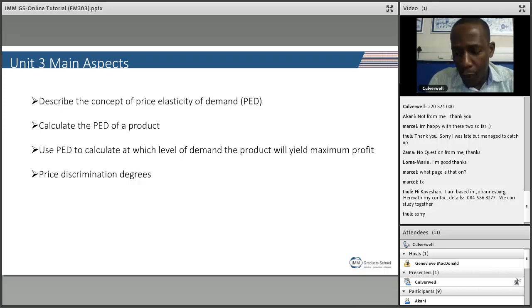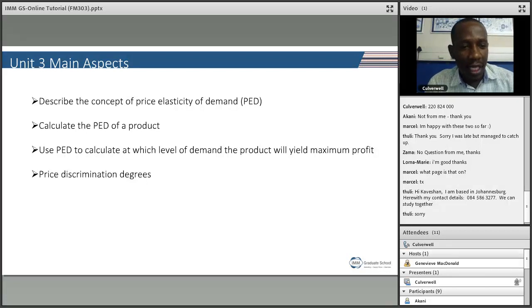A huge change in prices resulted in a less than proportionate change in quantity demanded. And if it's more than 1, like indicated in the learner guide, it goes without saying such a product has got an elastic demand, meaning a small change in prices will result in a more than proportionate change in quantity demanded. So that's basically your calculation of PED together with its interpretation.